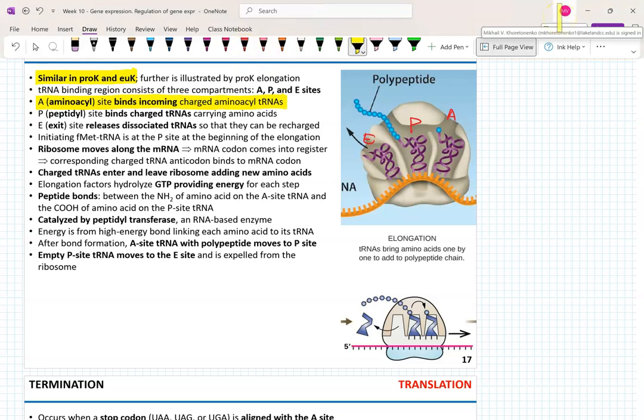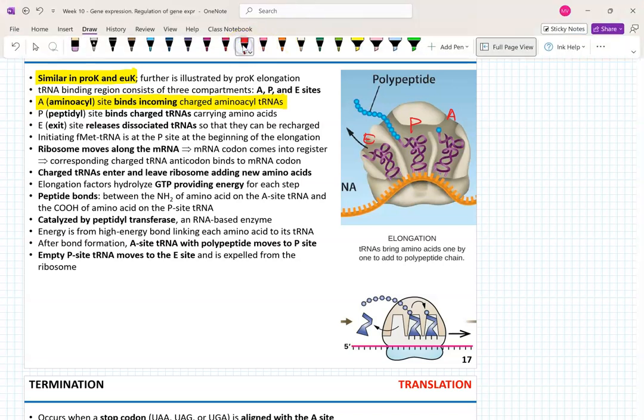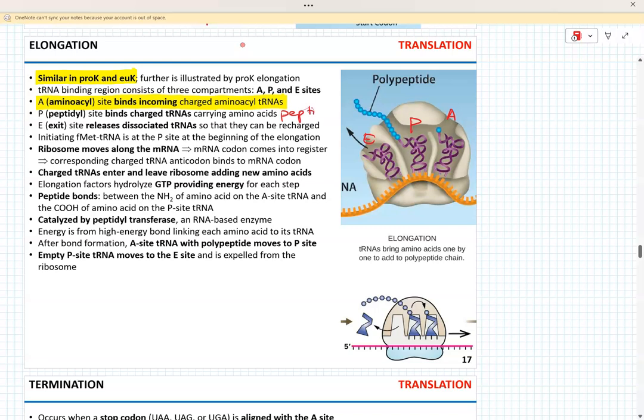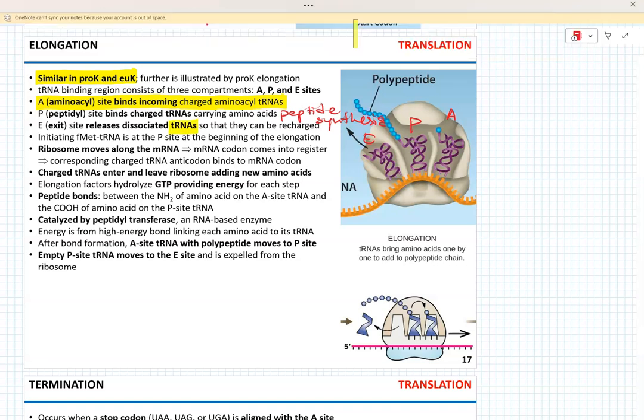It binds charged tRNAs, yes, but also this is where the polypeptide is synthesized. And finally, the E site is the place where tRNA without an amino acid is released, so that these tRNA molecules can be recharged and come back for future synthesis.